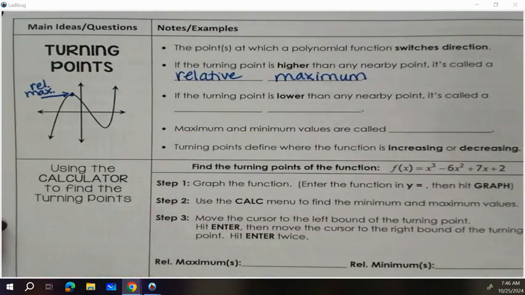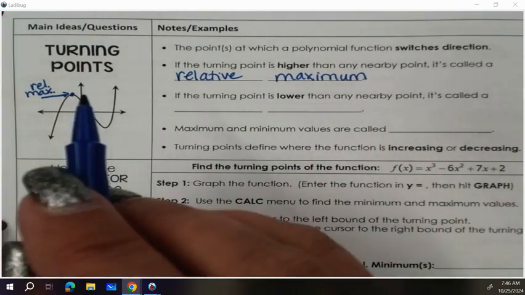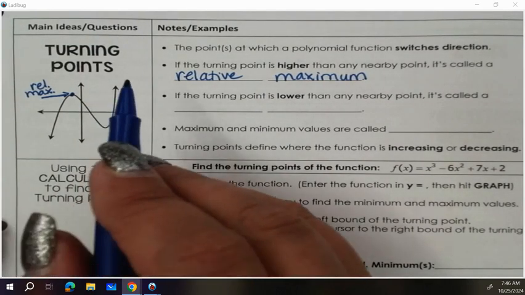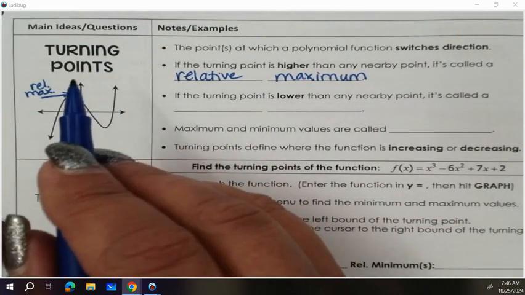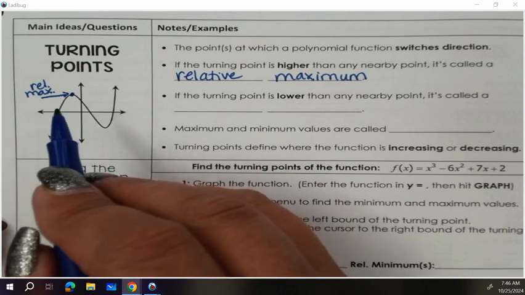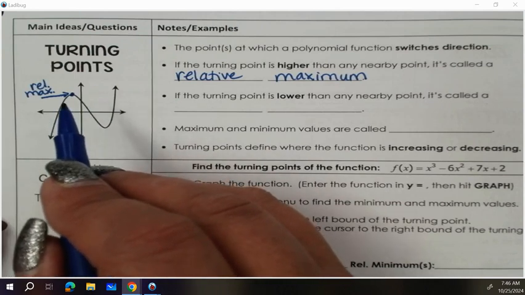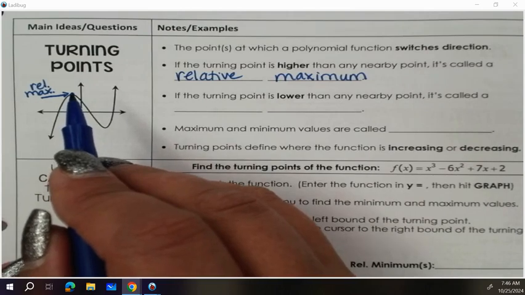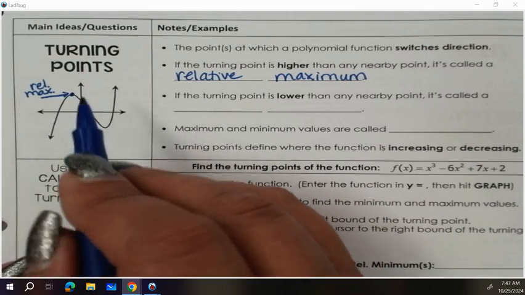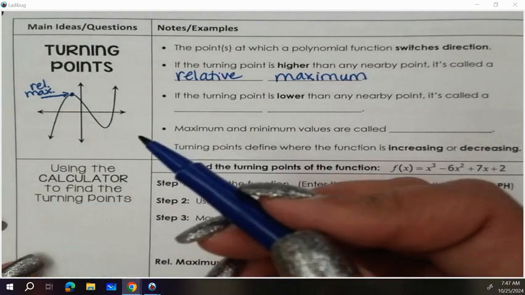That's called the absolute maximum. The absolute maximum is positive infinity because this guy is pointing all the way up. This point in the middle that looks like a hill on the graph is called a relative maximum because it is the highest value if I'm just looking within this little range of the graph right here.